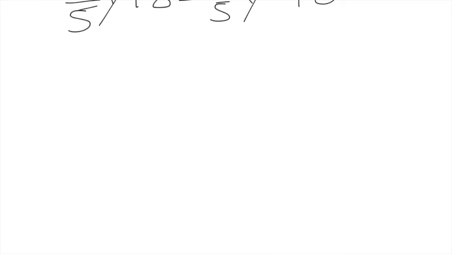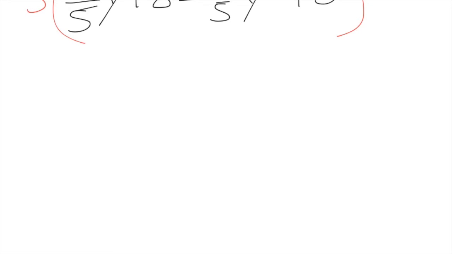Now, this one can get a little bit confusing because we have the fractions. So what could I do to help me out here first? Get rid of the fractions by multiplying the entire equation by 5. And that's everything by 5.